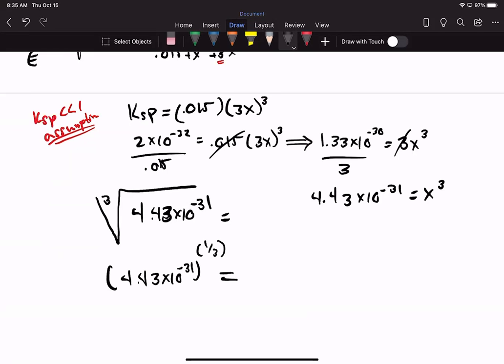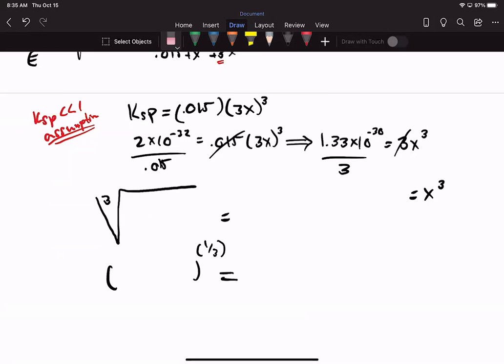Huge mistake, Alex. Let me erase some of these values here. Oh, huge mistake. All right, let's back this up. Let's back this calculation up a bit.